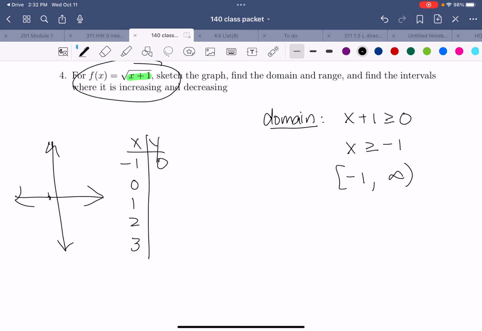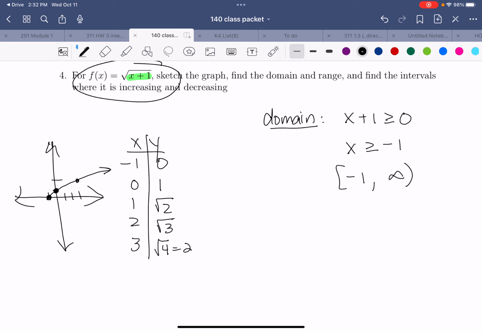So at -1, I'm at 0. At 0, the square root of 1 is 1, so we're right up here. At 1, we're looking at the square root of 2. At 2, we're looking at the square root of 3. And at 3, we're looking at the square root of 4, which is 2. And so what happens is you get a graph that looks like this.